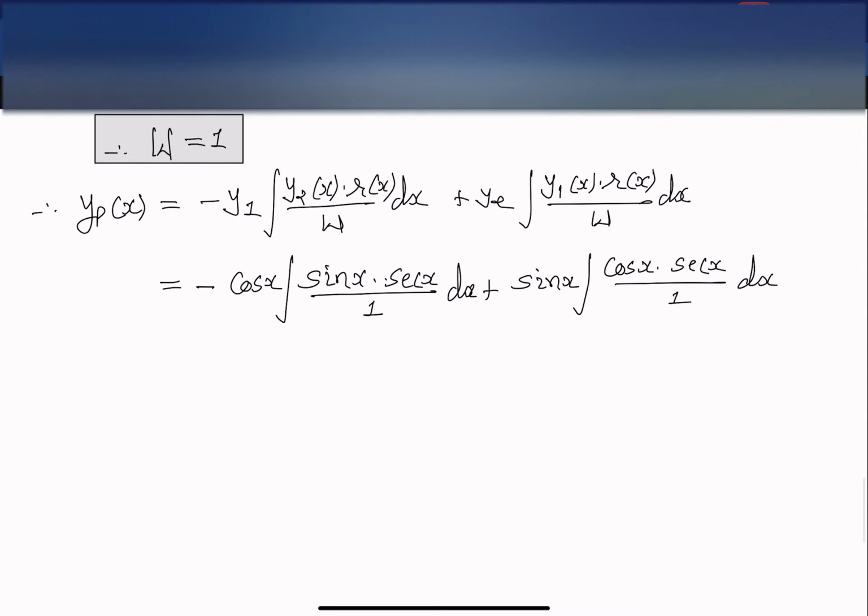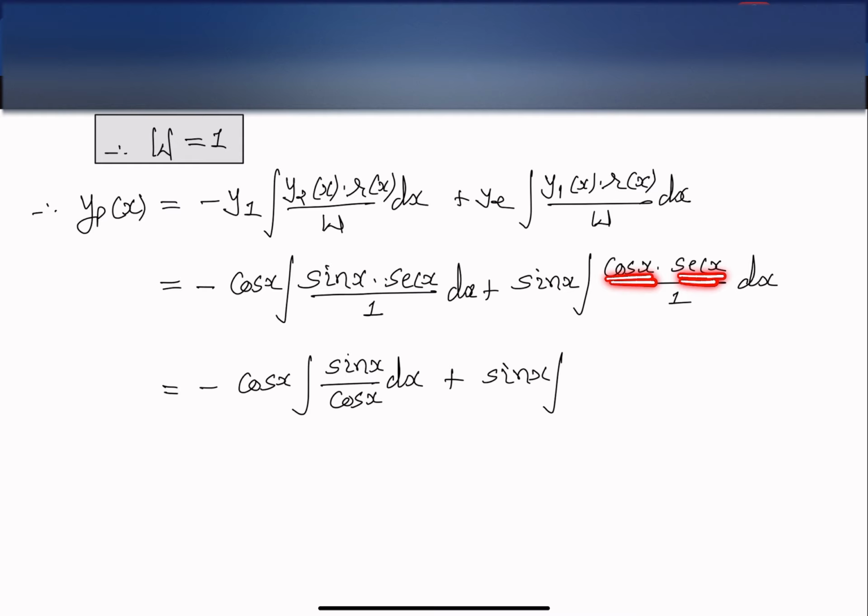Clear? So this is equal to minus cos x integration. This is what? sin x. And what is this sec x? It is 1 upon cos x. So this is sin x upon cos x dx plus sin x integration. Can you tell me what is this quantity cos x into sec x? Is it 1? Okay. So this is 1 into dx. So this is minus cos x. Okay.